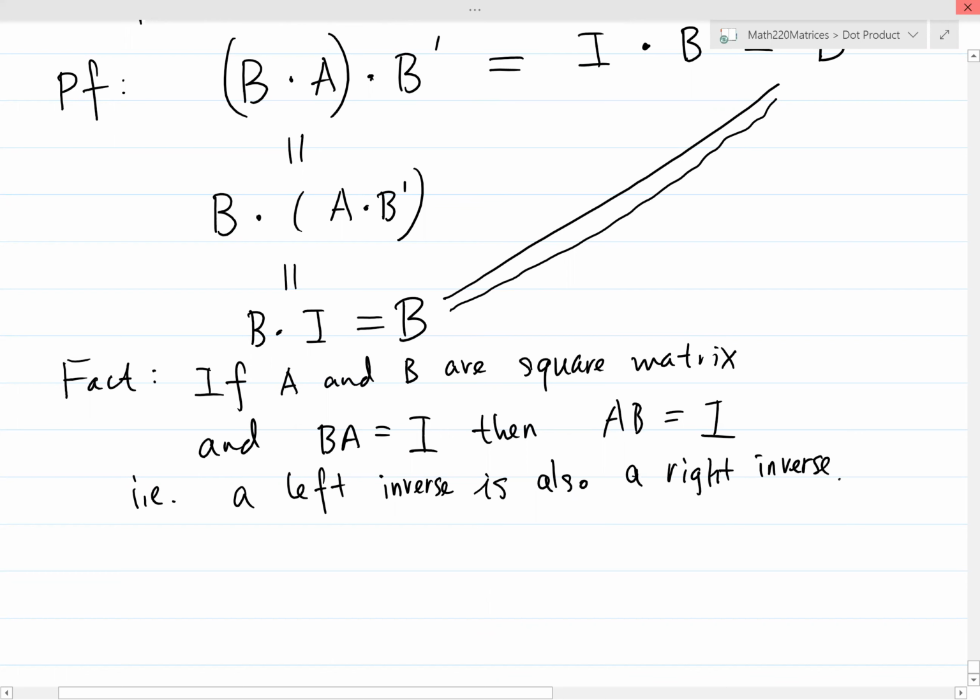So we don't distinguish left inverse and right inverse at all. We just see the inverse, because left inverse and right inverse are just the inverse.